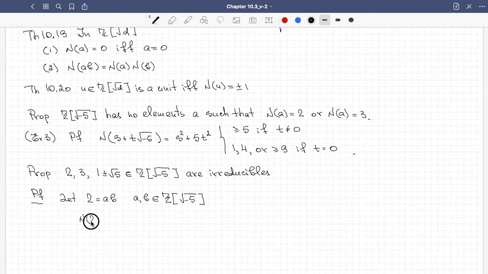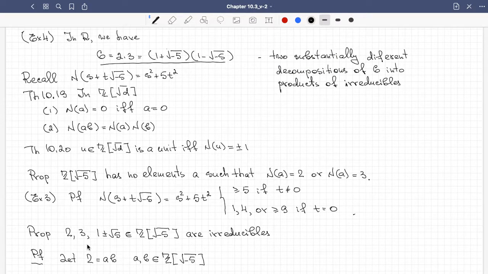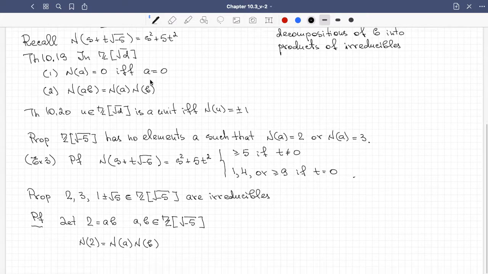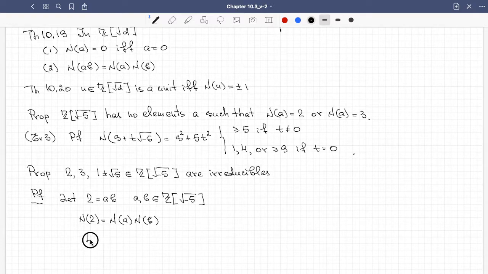Norm of 2 should be equal to norm of A times norm of B. Norm of 2, I recall norm is written here as s squared plus 5t squared; for 2, s is 2, t is 0. The norm is s squared, which is 4. So 4 equals norm of A times norm of B.